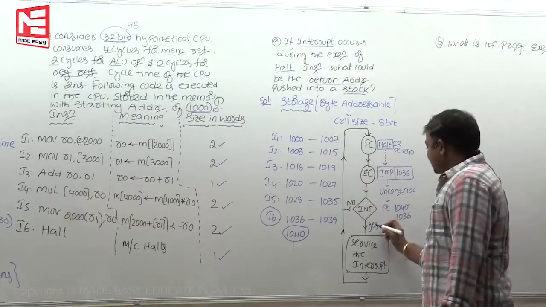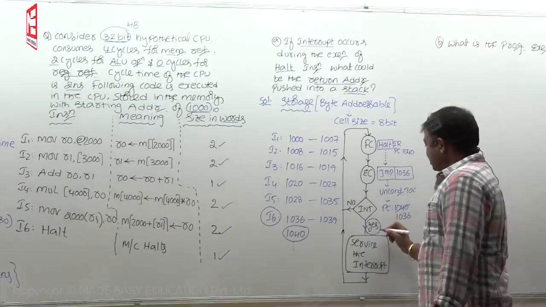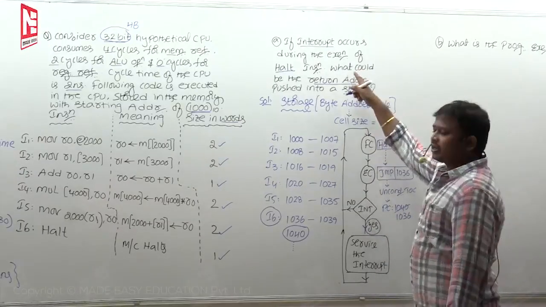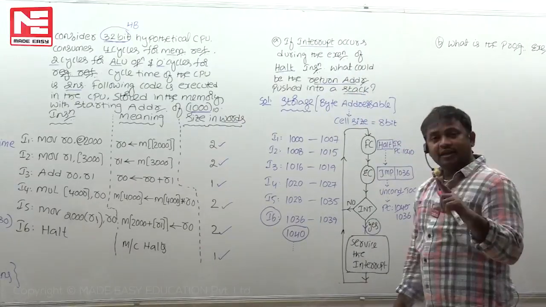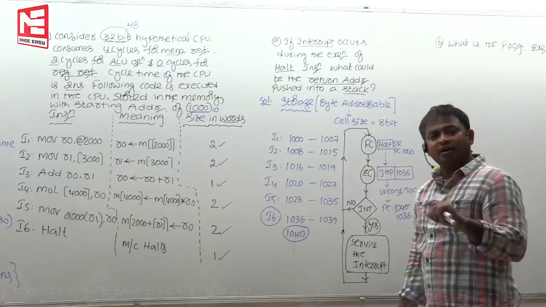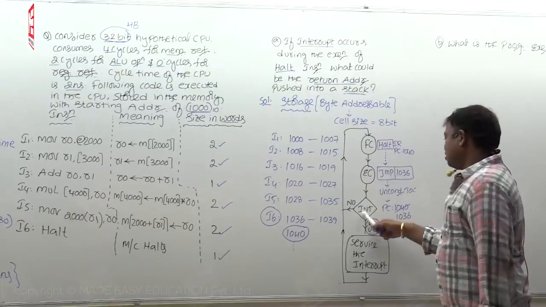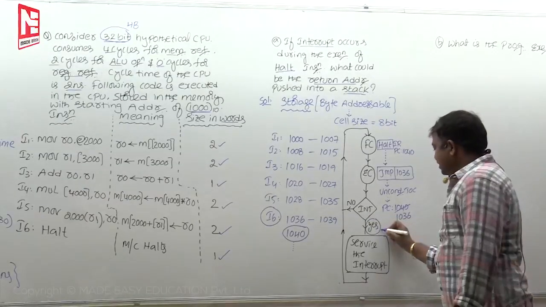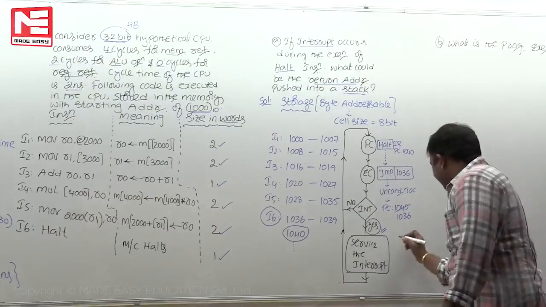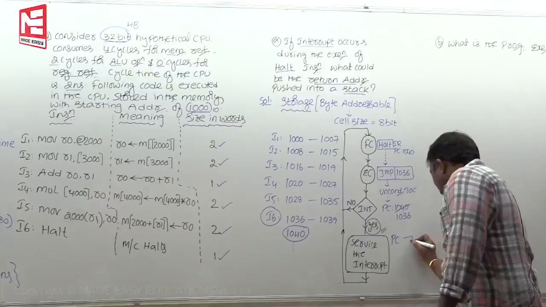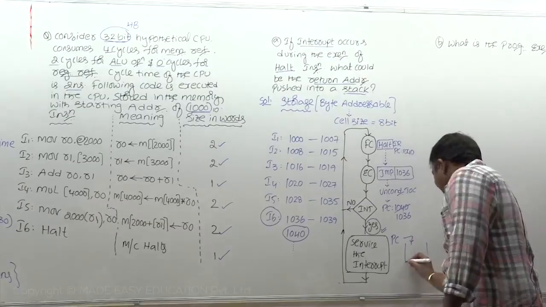After the execution cycle, we check for interrupts. The question indicates the interrupt occurred during the execution of halt. The CPU responds to the interrupt after completion of the halt execution. So after halt execution, when it checks and the interrupt is present, the PC value is immediately pushed into the stack.